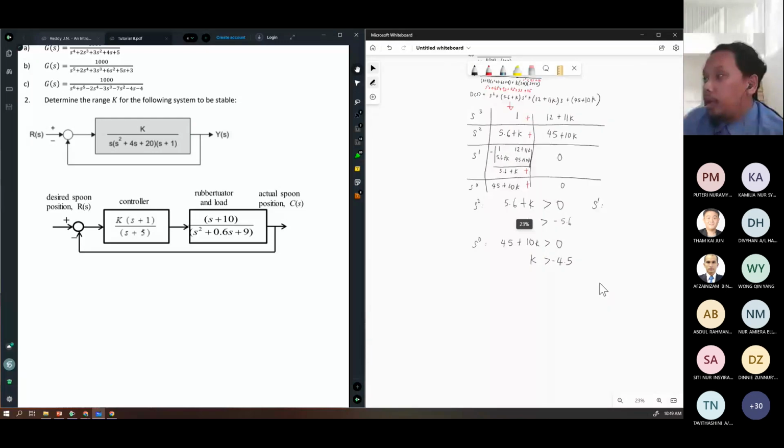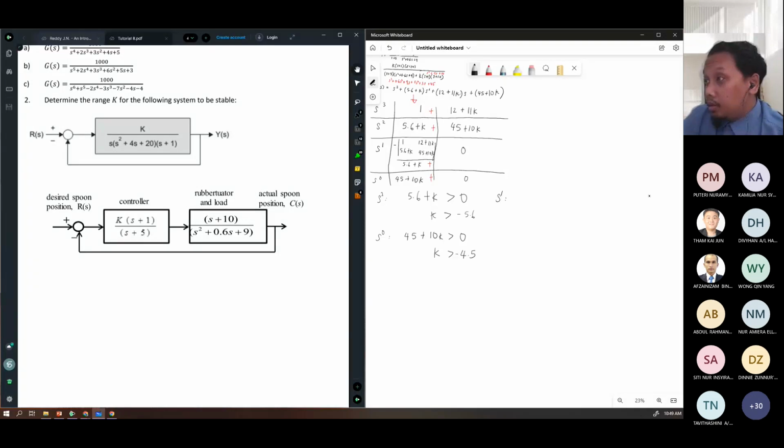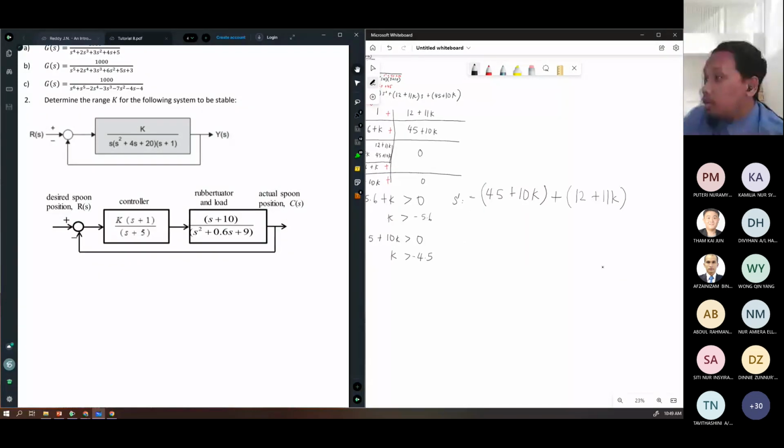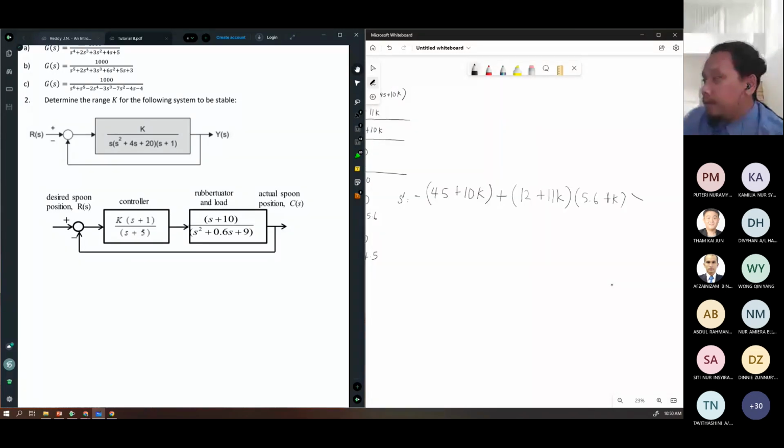For row S1, you need to expand the determinant first. So expand this.